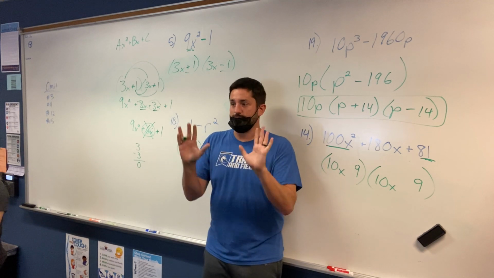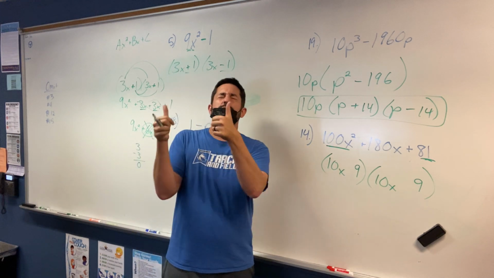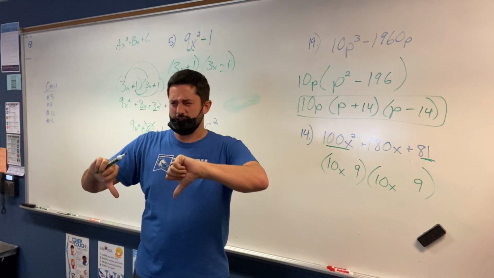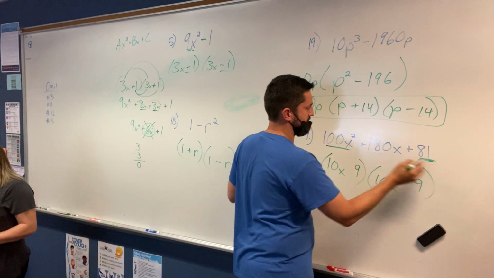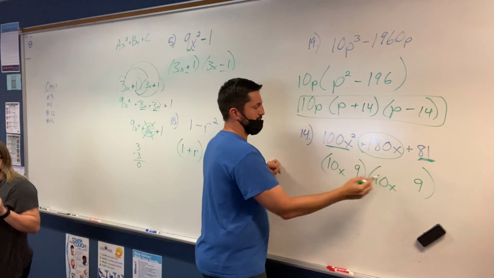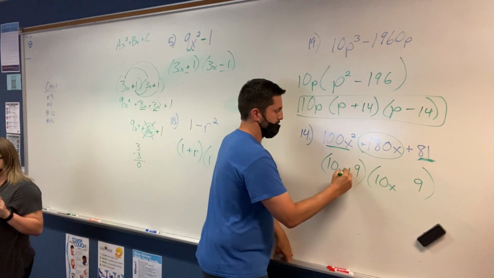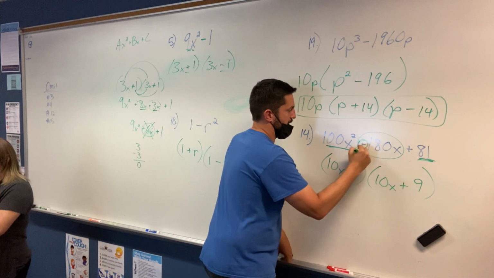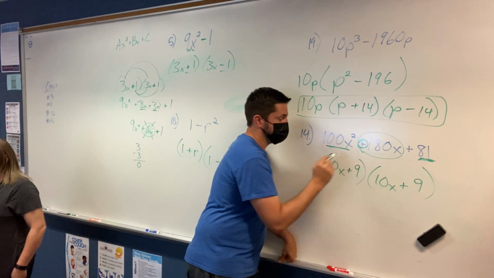So it's either going to be plus plus or minus minus. And what do you think the sign is for both of these 9s that is the same sign? Plus and plus, yes.